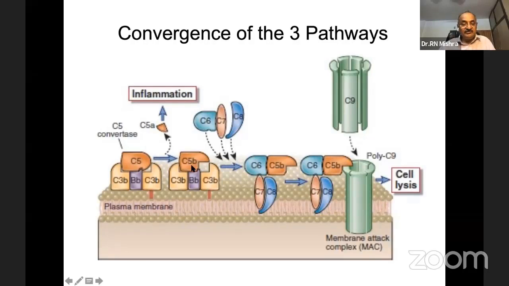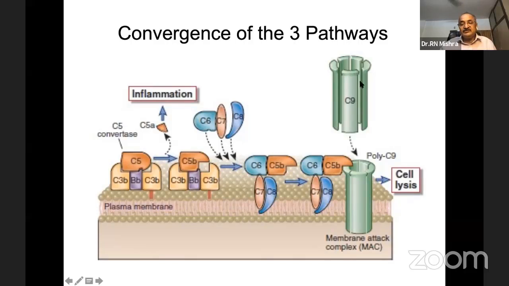And the other molecule C5b rests on the C3b, Bb, and C3b. So gradually the complex is getting formed. And to this complex, the terminal pathway complement C6, C7, C8, they simply add on. They don't need an activation, a liberation of a small molecule. And when C9 adds on to this, this is called the membrane attack complex.